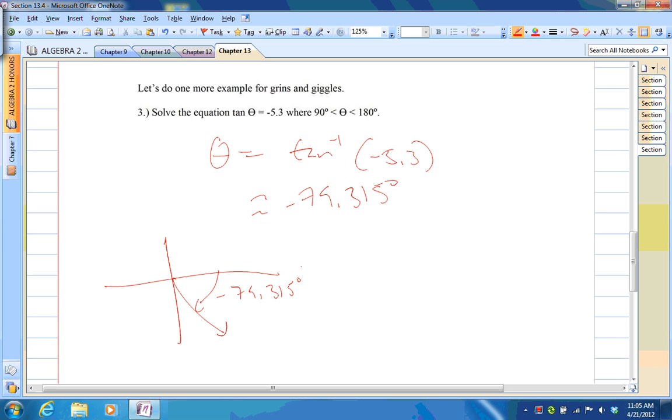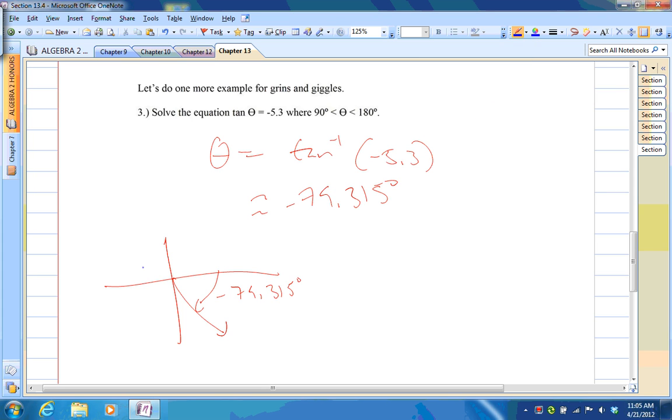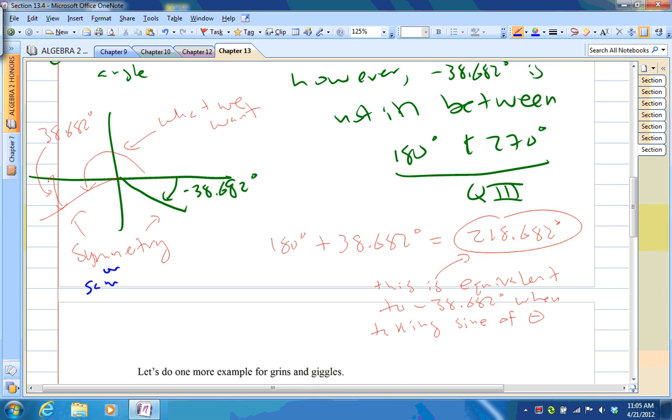Now we want an answer between 90 and 180. Changing colors, we would want something like that. Notice how we try to keep the reference angles the same, symmetry, same theta ref.